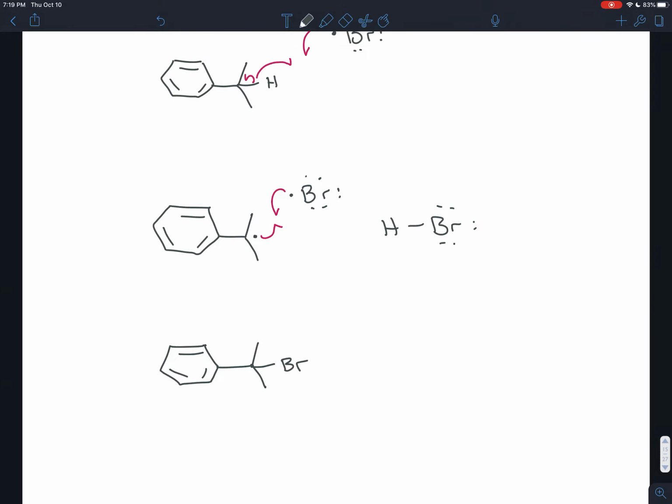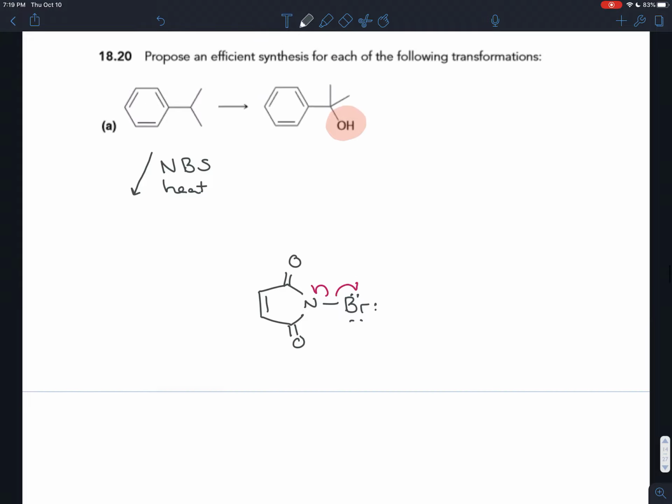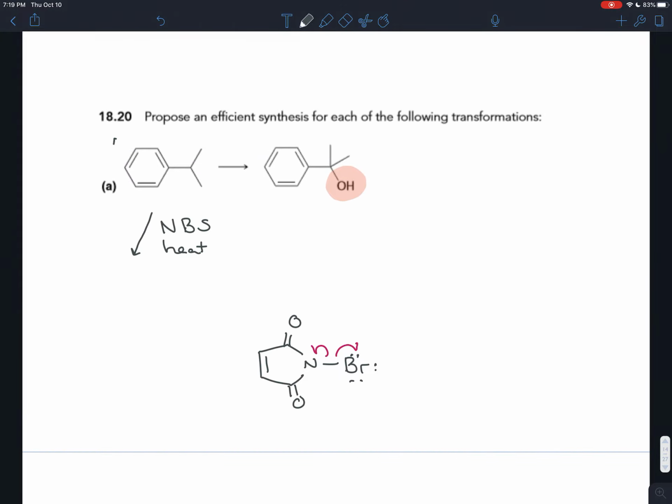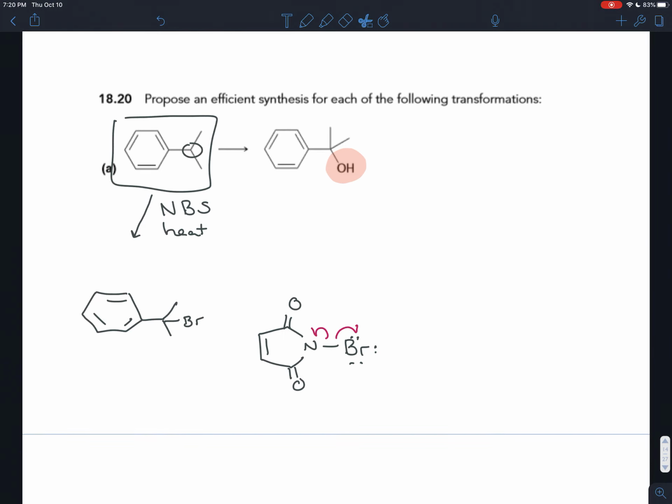So you end up with a bromine on the benzylic position. So long story short, if you treat a molecule that has a benzylic position with N-bromosuccinimide, NBS, and heat, you end up getting that same molecule just with a bromine on the benzylic position.